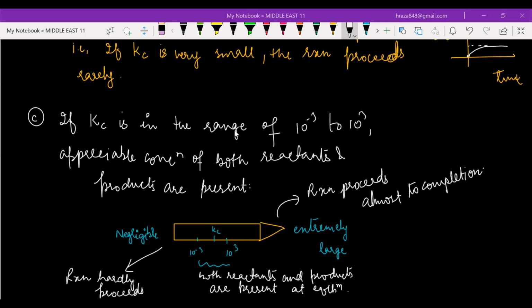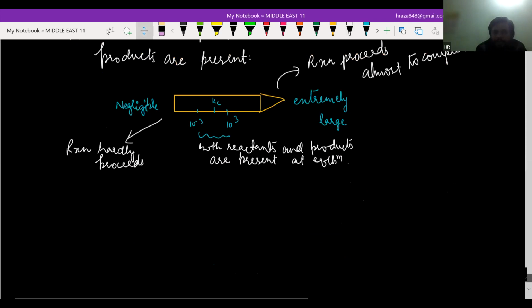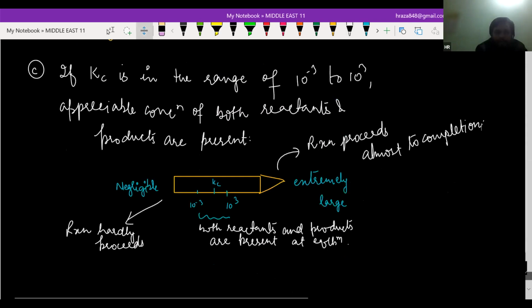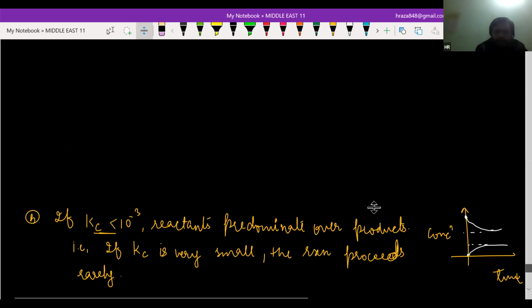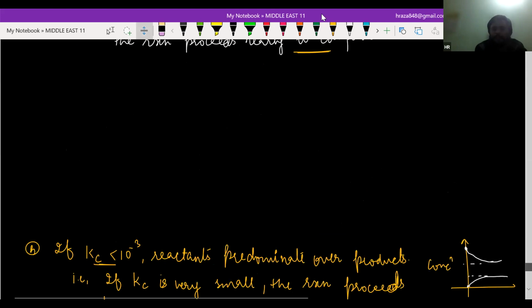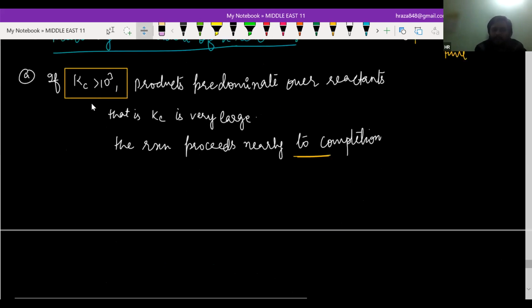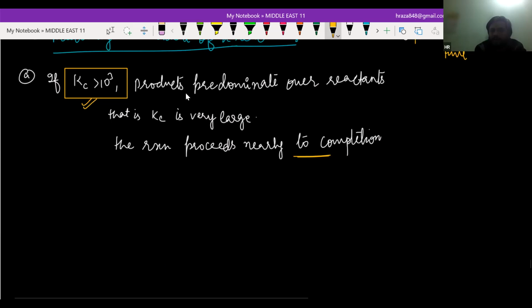Thank you. So moving to the next application, which predicts direction. The value of Kc says that if Kc is greater than 10 raised to the power 3, products predominate. That means the reaction will proceed to completion.